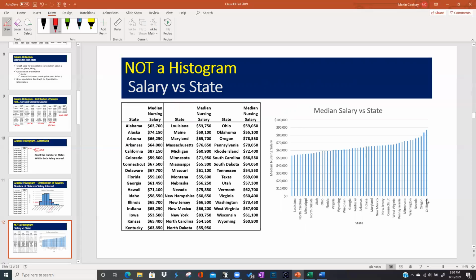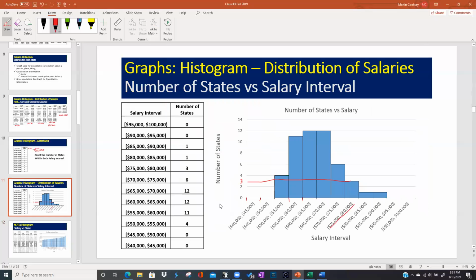So there's no ordering. You can take a look and see what the highest and the smallest is. But as you can see from here, we can tell that a lot of the states had salaries. A majority of the states, well, really not a majority quite yet. There was 24, because we have 12 and 12. But most of the states here, if we included the 55 to 60, had salaries between 55,000 and 70,000.